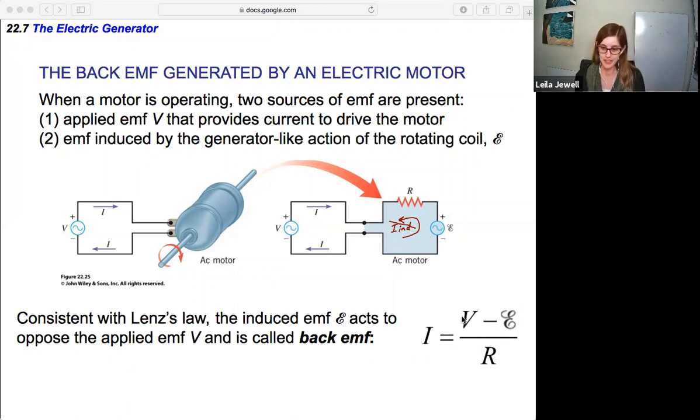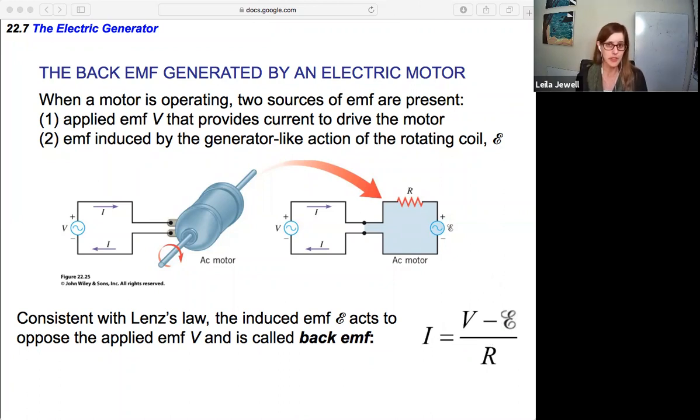So the net EMF is the difference between them, the applied EMF minus the induced EMF. And that will affect how much current you have. The current will be the difference in the EMFs divided by the resistance. And this makes a significant difference in the motor's operation.